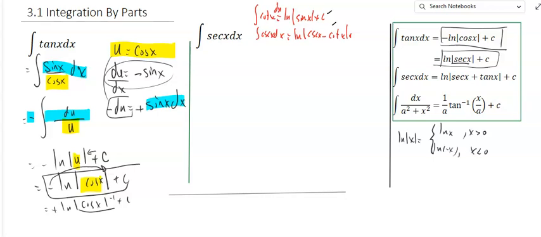And if I differentiate, if I take a derivative of both sides, let's say that's f of x. If I take f prime of x, the derivative of natural log of absolute value of x, in this case, that will be 1 over x if x is bigger than 0.